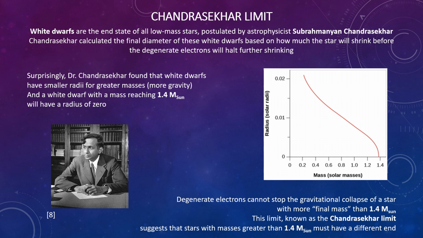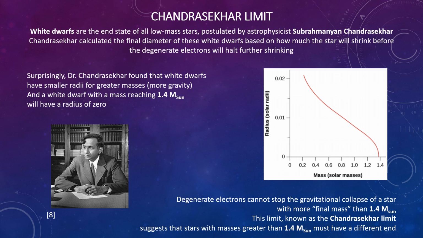He found that the maximum mass that a white dwarf can reach is 1.4 solar masses before the radius would be zero. A radius of zero is not really physically possible, except maybe as a black hole, but that wasn't known at the time. And so this provided a rough limit for the mass of a white dwarf star.